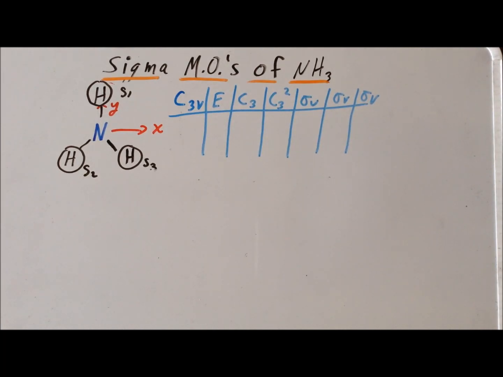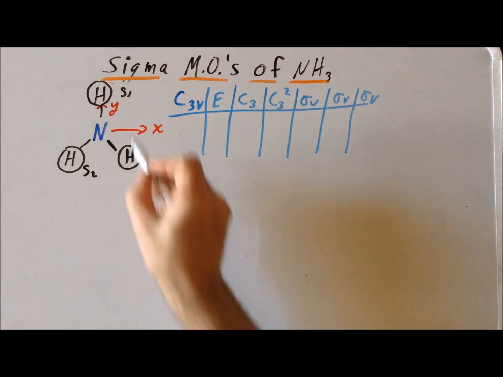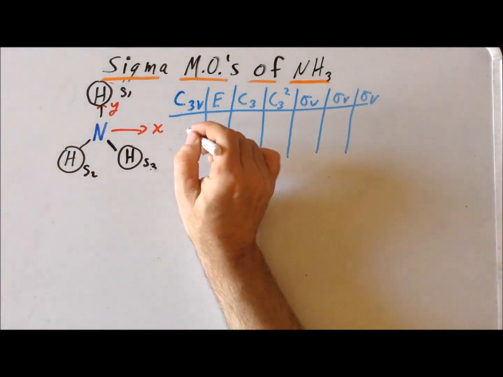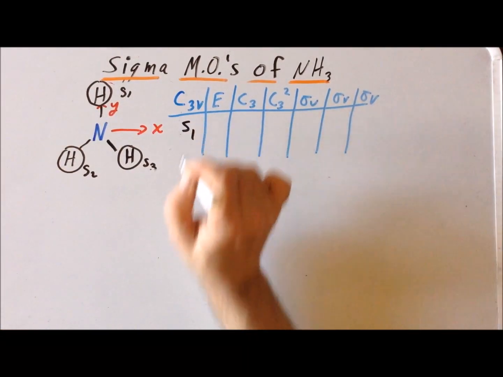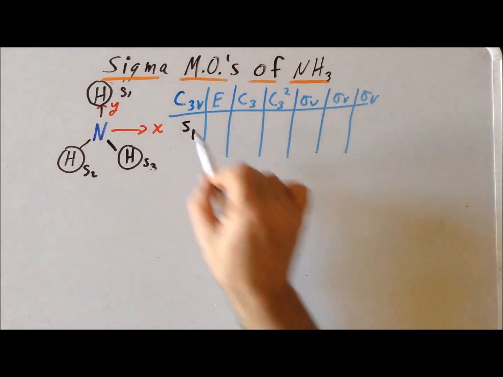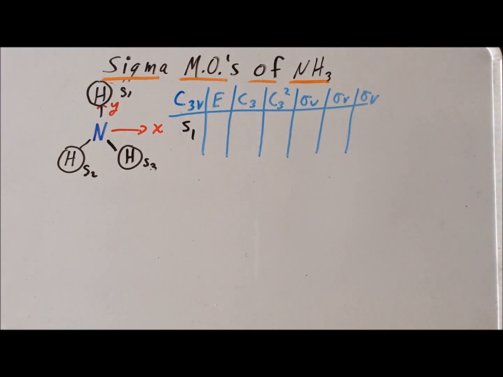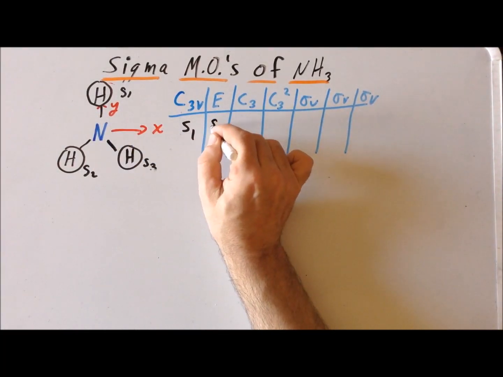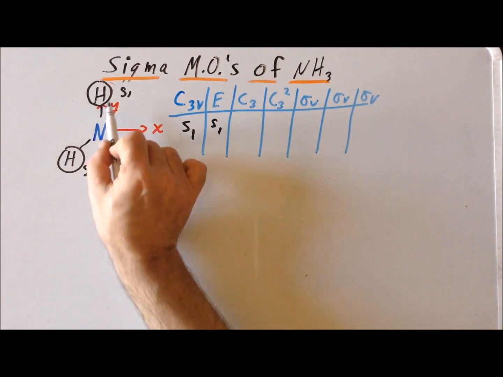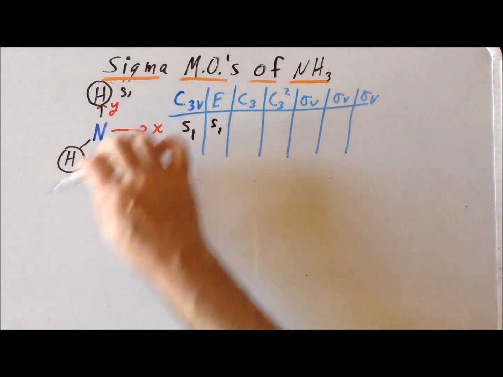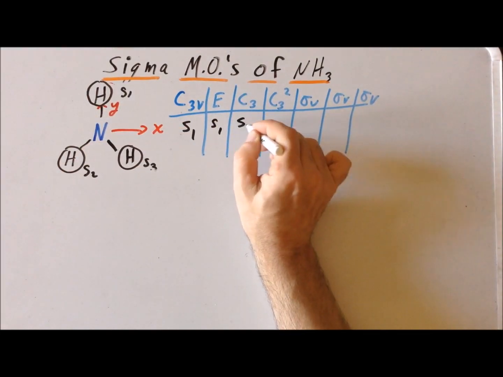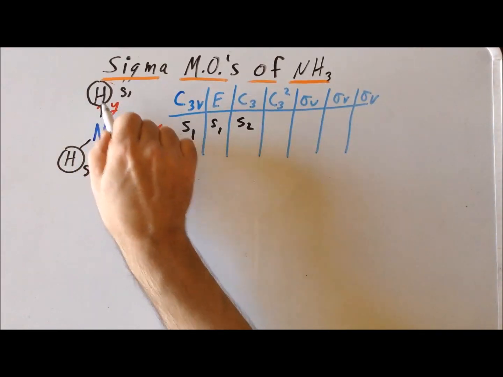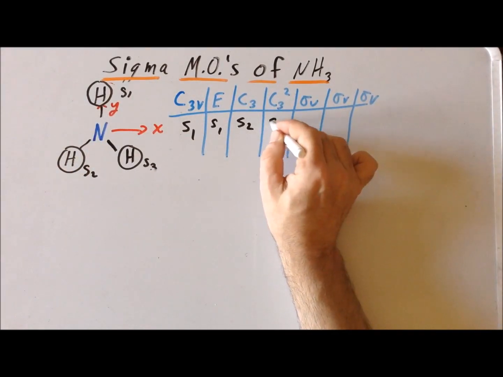Next, we take a representative atomic orbital, S1 here, and we see what happens to that under the various symmetry operations of the point group. So we notice under the identity, S1 is just S1. If we do a C3 on S1, S1 gets turned into S2. If we do C3 and then C3 again, S1 becomes S3.